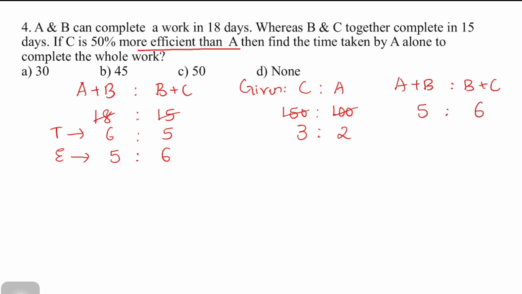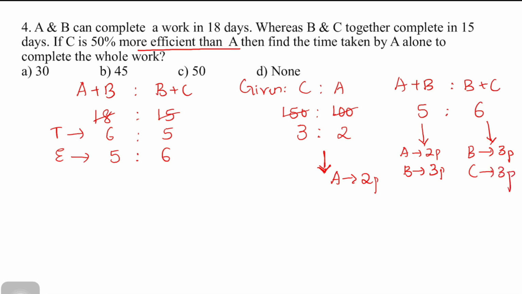Now from this ratio, we know that A is 2 parts, isn't it? So this I can use here. In this, if A is 2 parts, then B will be 3 parts. And if B is 3 parts, then C will be how much? 3 parts, isn't it?